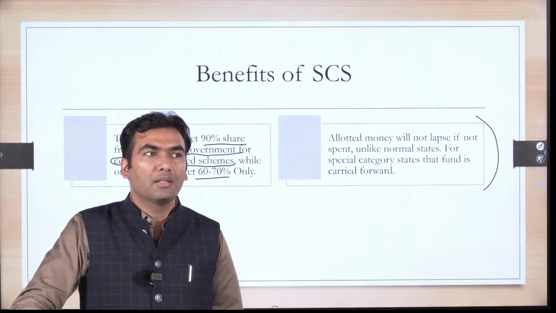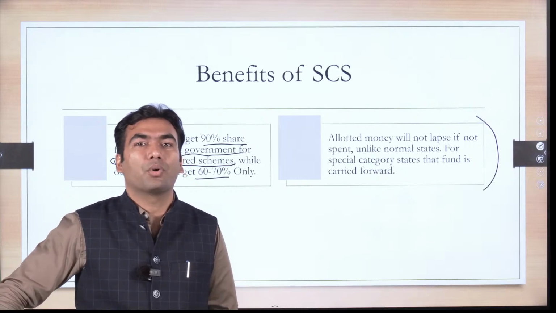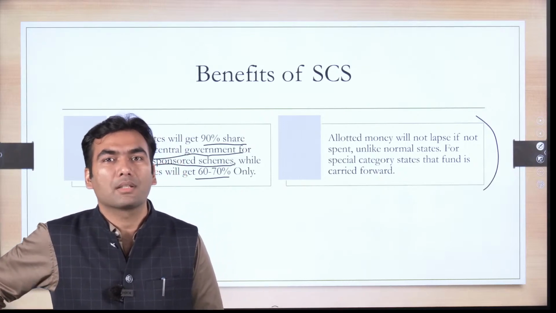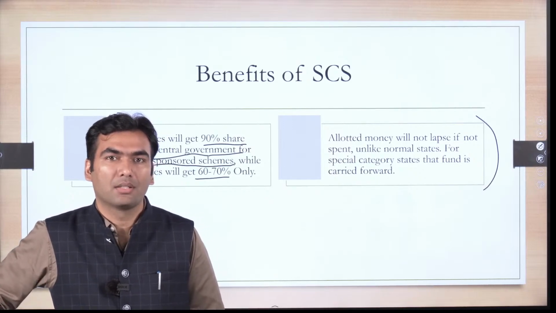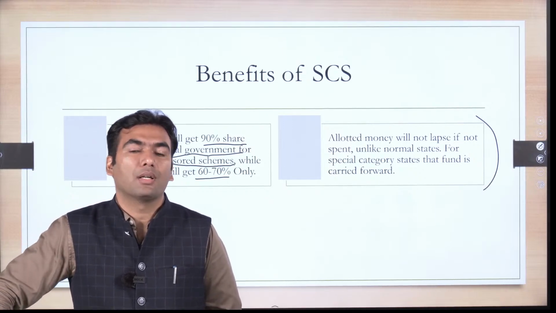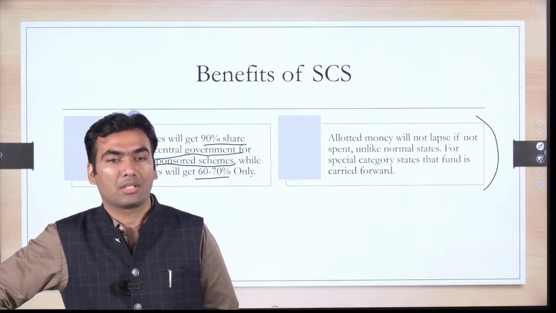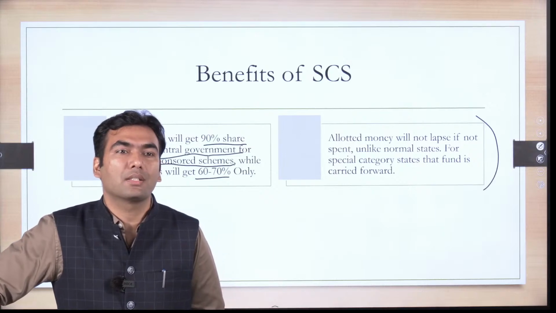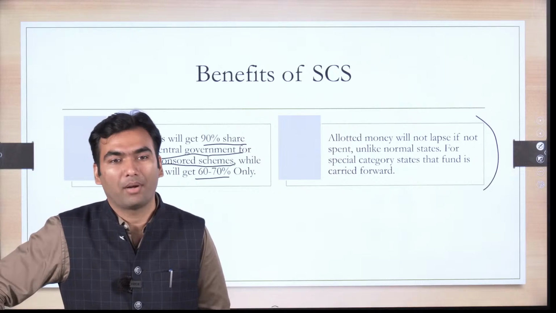If you have spent 100 crore, you have spent it. Suppose you were able to spend only 80 crore and the financial year came to an end, on 31st March. Then the rest 20 crore you will never get. Next year, probably your budget would also be reduced. Since you were able to spend only 80 crore, next year you will only get 85 crore rather than 100 or 105 crore.